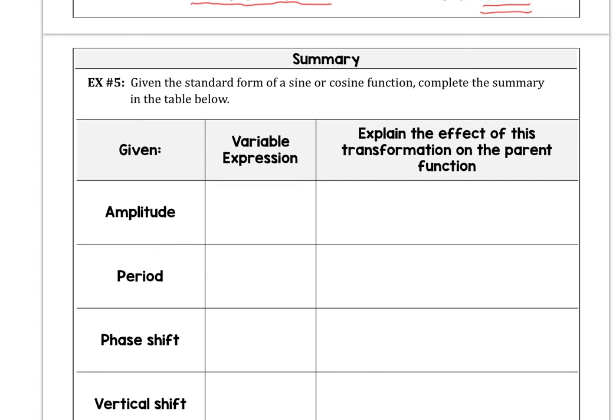The variable expression for amplitude is A, but we want the absolute value always. This is half the height of the wave. I'm going to put wave in parentheses, half in quotes, half the height of the wave. It's a vertical dilation.